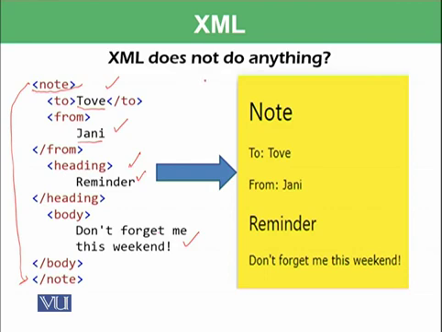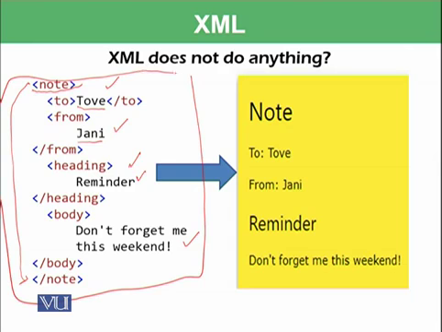So this is basically code, and XML does not do anything based on this code. So if you put all of this code in a web browser, the web browser will not be understanding it as it was understanding the HTML tags.